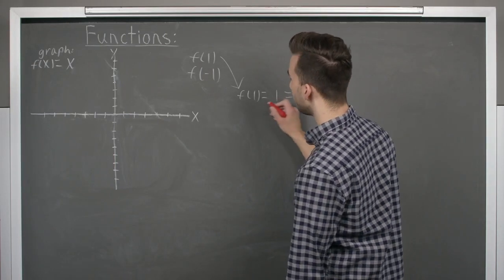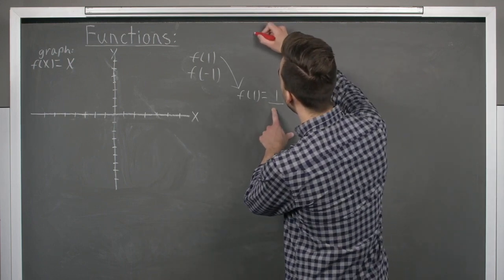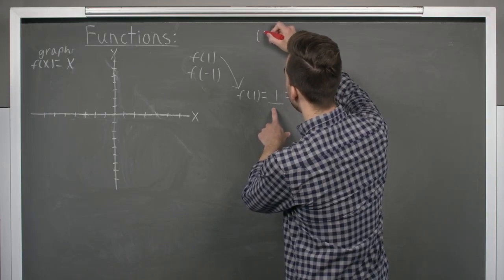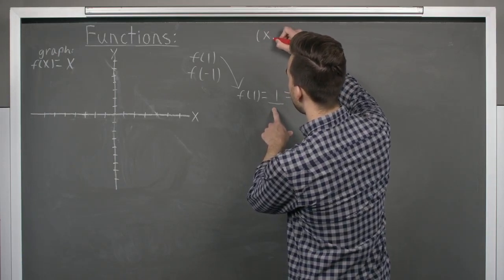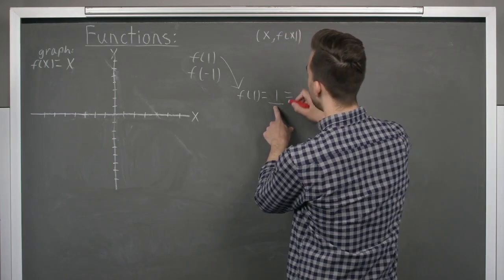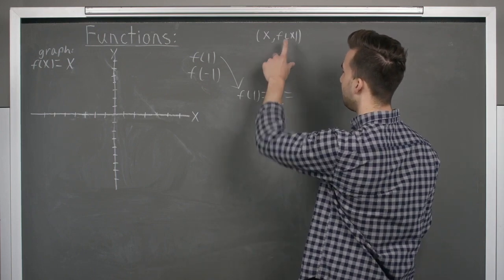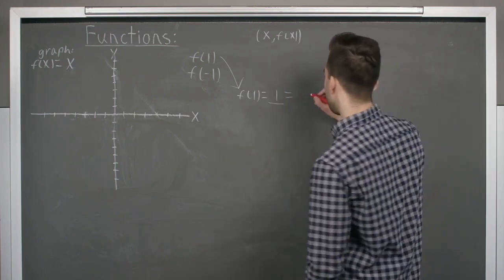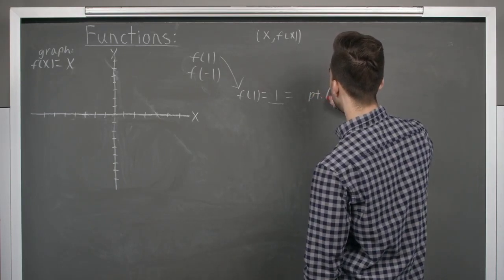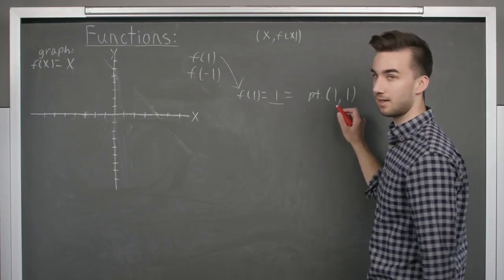So that's important. And remember, a point is written like this: our x, and then f of x. So from this we can get a point because we have the x value and we have the f of x value, which both are 1. So our point is 1, 1. Okay, so we have 1 point.